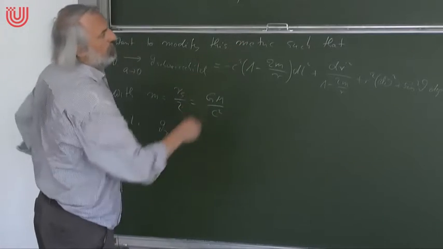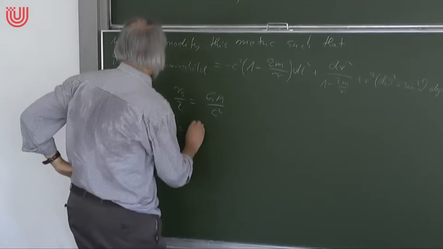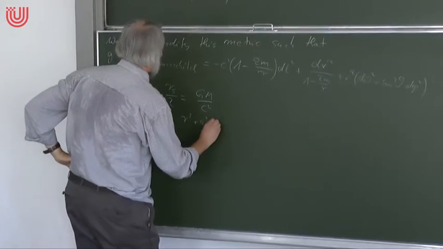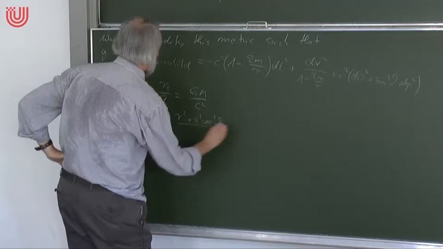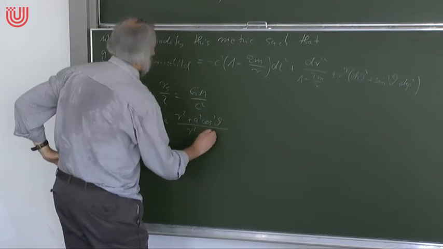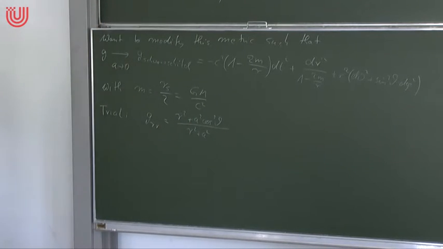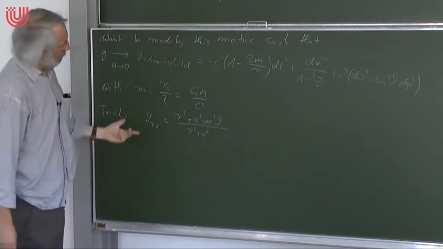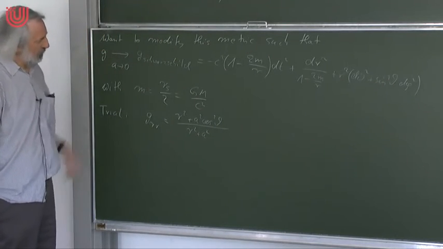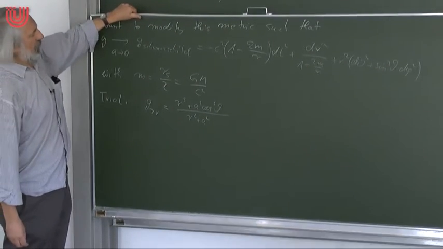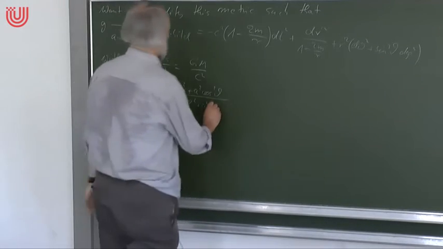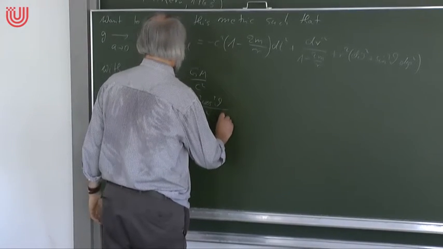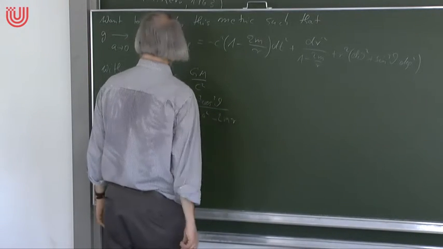What I have written there is rho squared, which was r squared plus a squared cosine squared theta, divided by r squared plus a squared. This, of course, does not go towards 1 over 1 minus 2m over r because there's no m in it. But the easiest way I can achieve this is by adding just 2m times r.